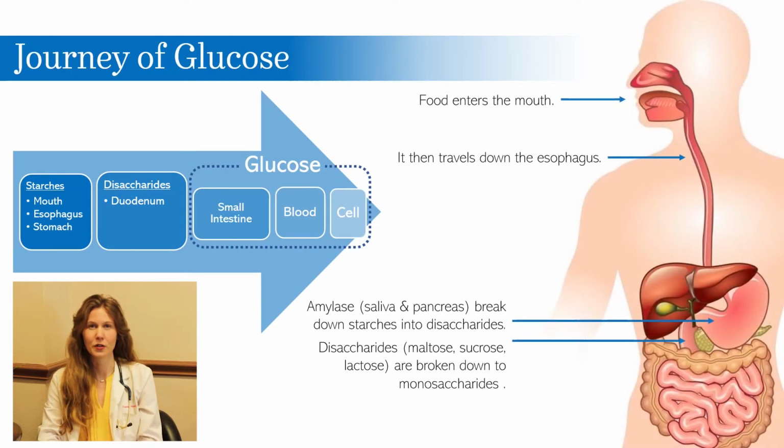Food is then moved from your mouth into your esophagus and then into the stomach, where it eventually ends up in the duodenum, a portion of your intestines. In the duodenum, amylase, a hormone from the pancreas, breaks it down into smaller units where it is absorbed further down in the intestine.